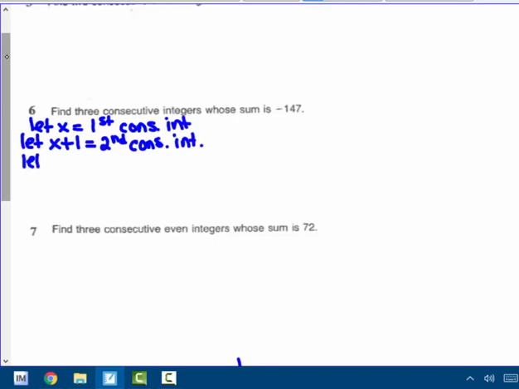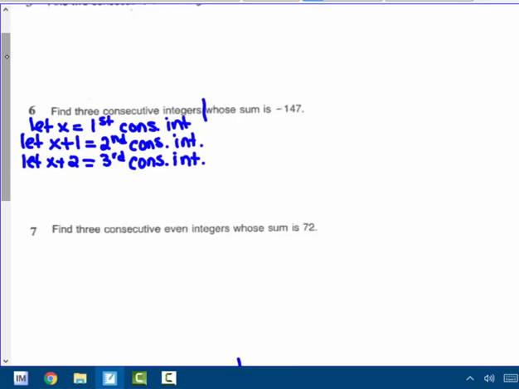And let x plus 2, now I'm only adding one more every time, be the third consecutive integer. That's my let statements. Now, whose sum is negative 147? Ooh, these are going to be negative numbers.